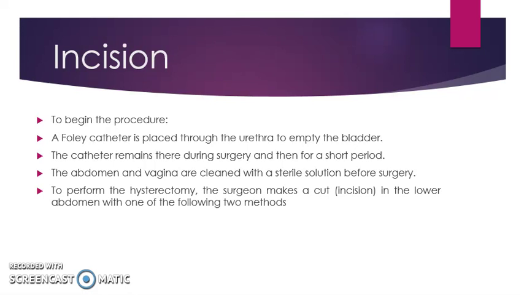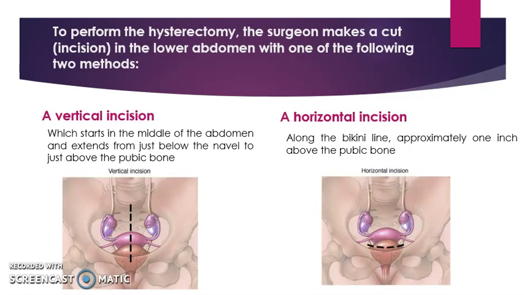To perform the hysterectomy, the surgeon makes a cut in the lower abdomen with one of the following two methods. A vertical incision, a horizontal incision.